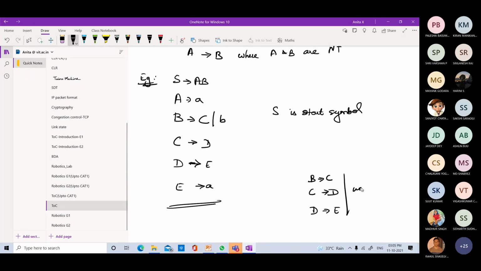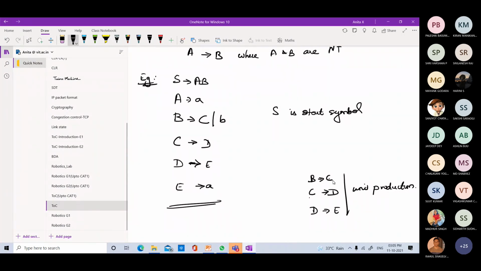We have to eliminate these unit productions. So how are we going to eliminate them? Here you can see B derives C. This production is dependent on the next production, and that one is dependent on the one after it.